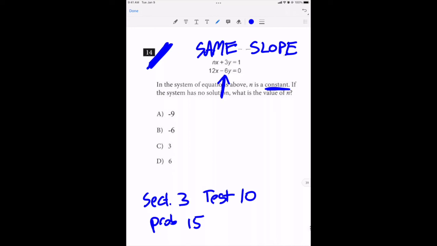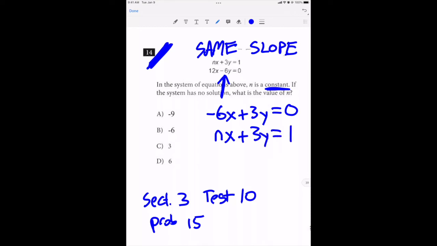So if I take that bottom equation and I divide it by -2, I get -6x plus 3y is equal to, and you know what 0 divided by -2 is? It's still 0. I'm going to write that right above the original equation I got, which is nx plus 3y is equal to 1.